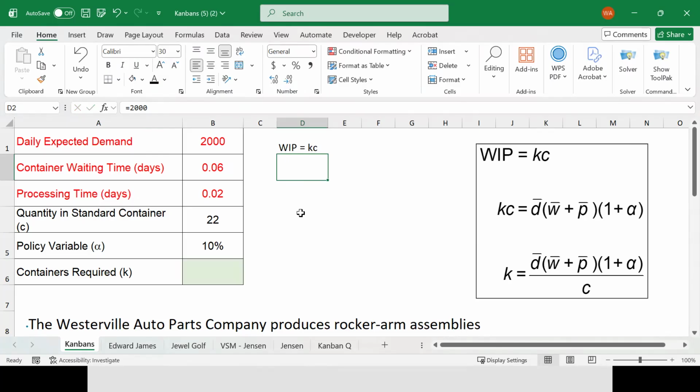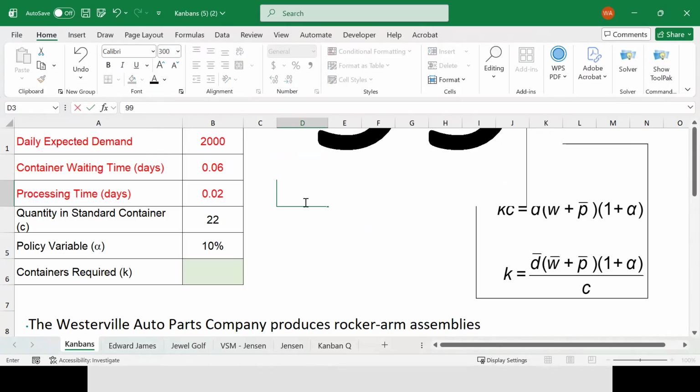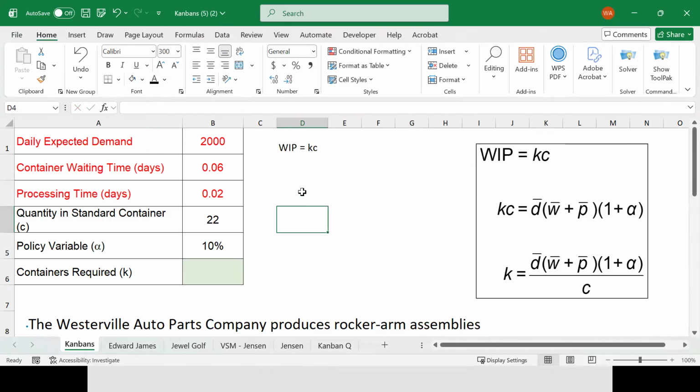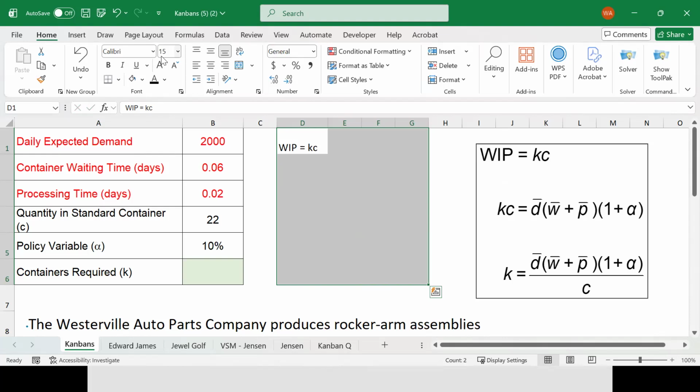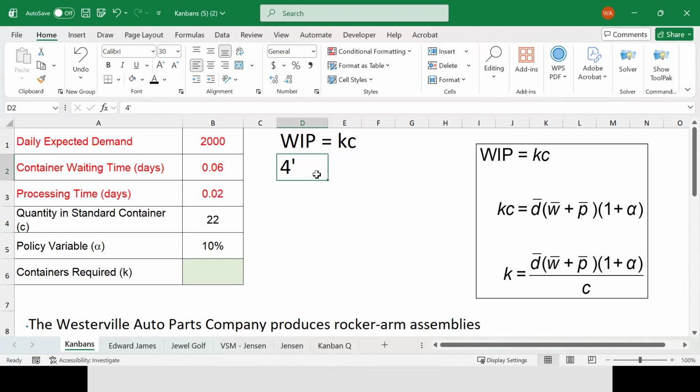Something's hiding my information here. That's an interesting problem to have. I don't see my data. I do see my data there. All right, let me try one more time. Okay, my data is now visible.